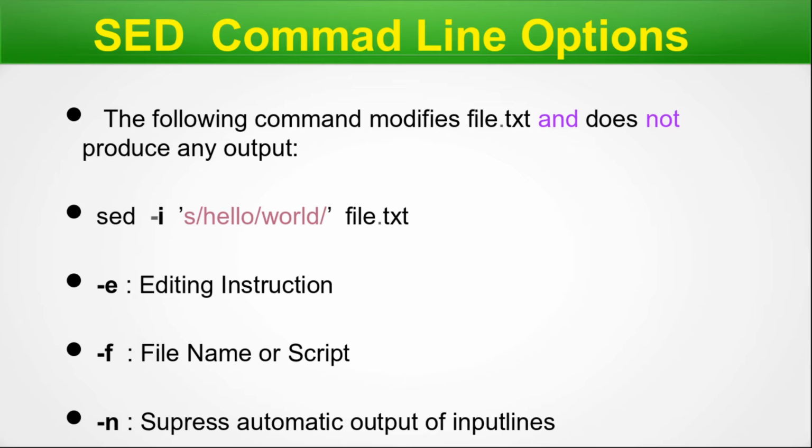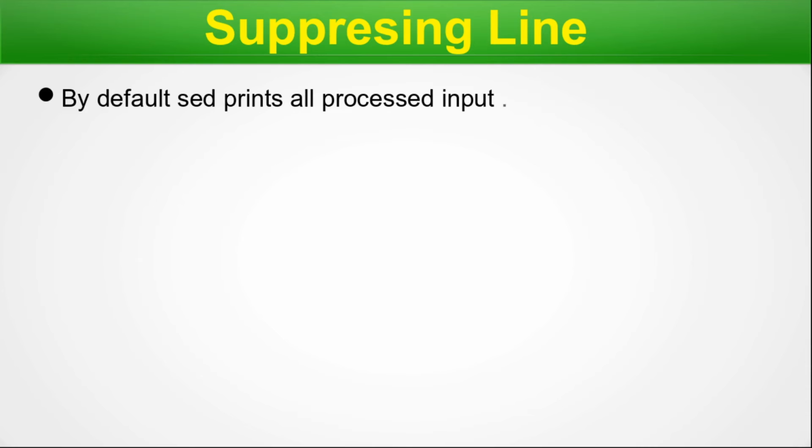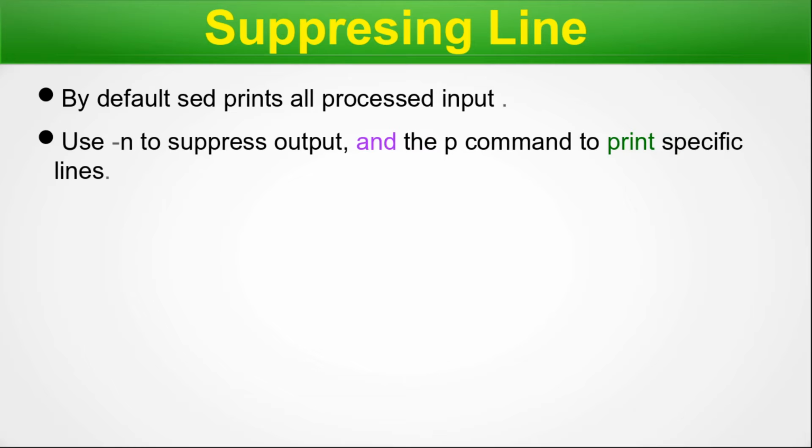Okay, let's move on to the next section, suppressing a line. By default, sed prints all the processed inputs. We can use -n to suppress the output and the p command at the same time to print specific lines.